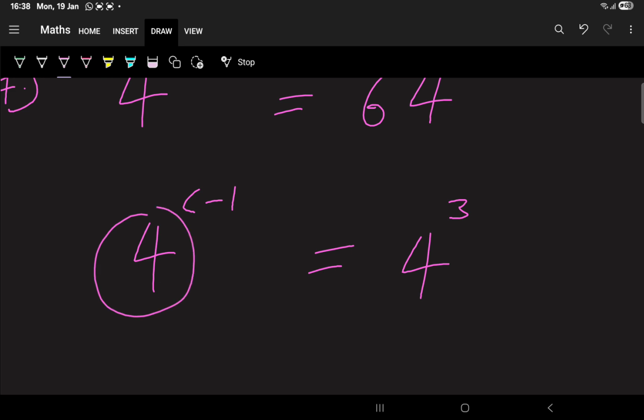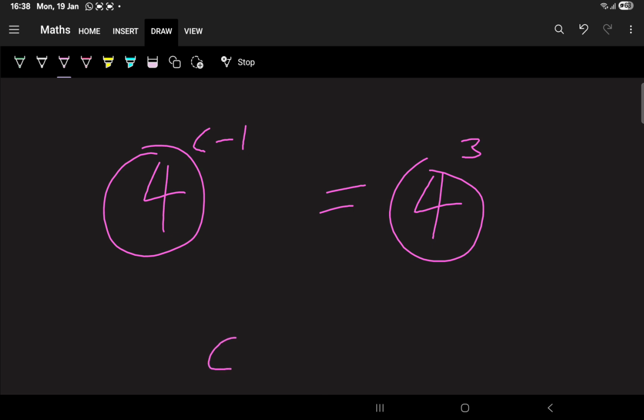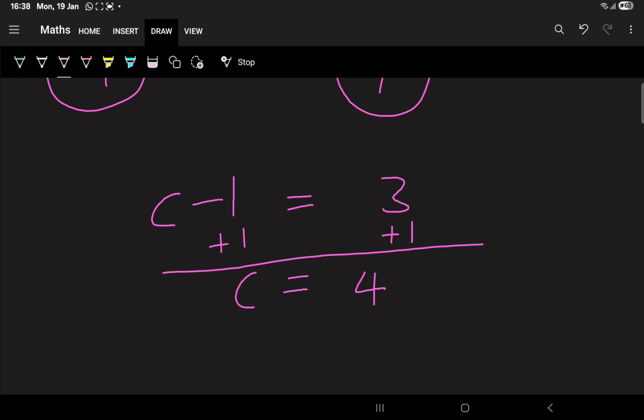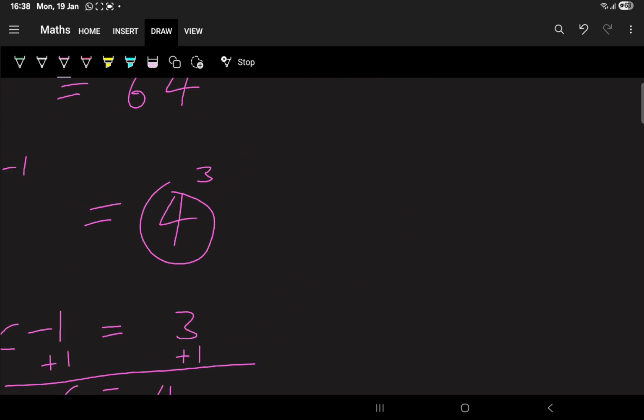Now, I have the same base, so I can equate the powers. So c minus 1 is equal to 3. Adding 1 to both sides, c is equal to 4. And this is my solution to this question.